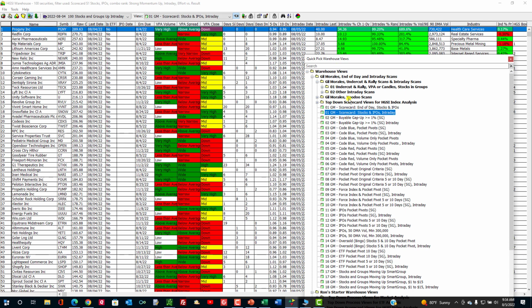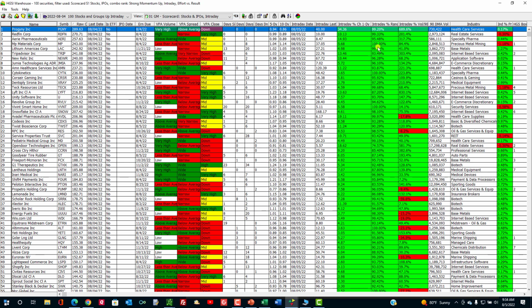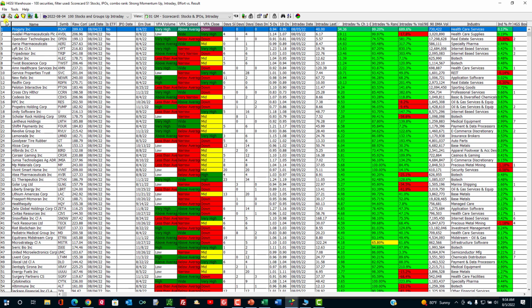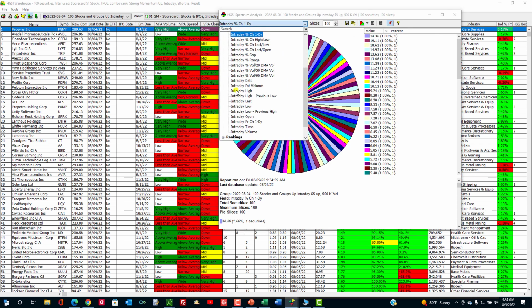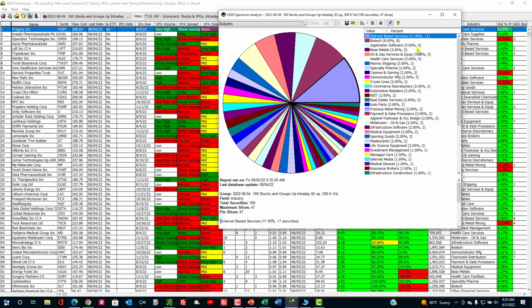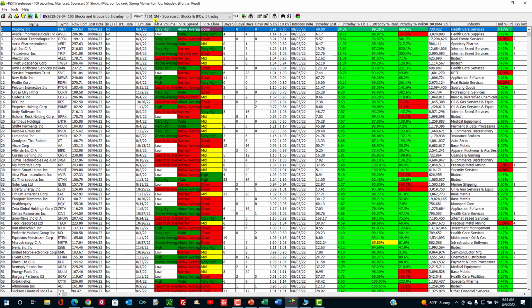It's just right here. Number 2. So these stocks are all up, as you can see, for the day. And let's do a sort here. I want to get over here to the industries. And I can see that there are a lot of internet-based service stocks, biotechs, and so on.